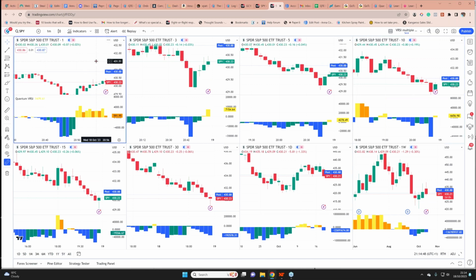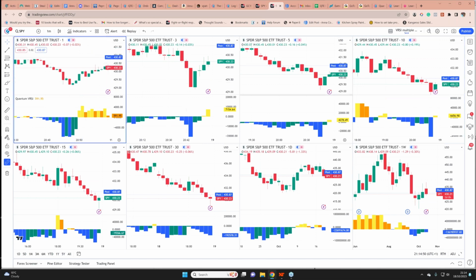This is the VRSI. As I say, it's launched on TradingView, so you can find all the details. I've done a ton of videos that you'll find over on the Quantum site, so I'm not going to go through it all here. But it is a volume-based indicator. It looks at the relative volume, so it's very complementary to our volume price analysis methodology.